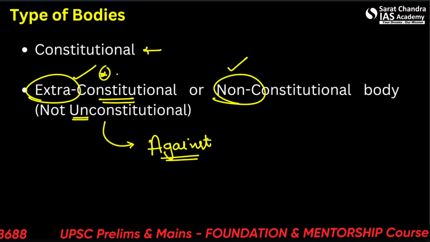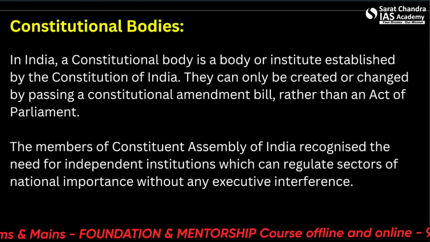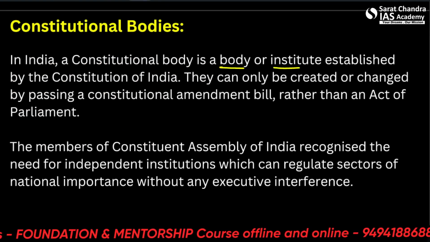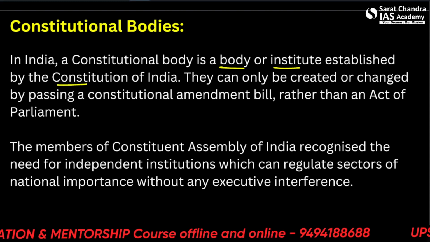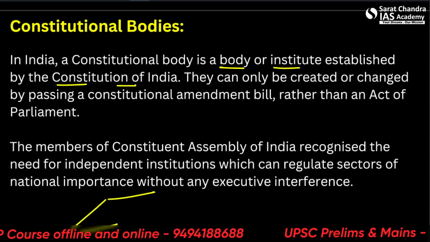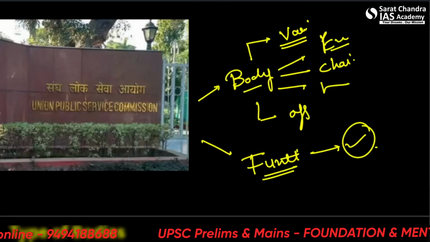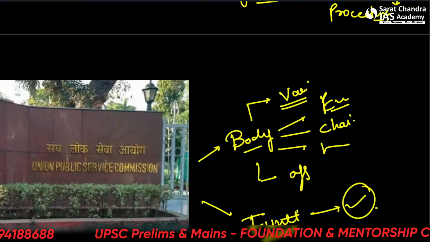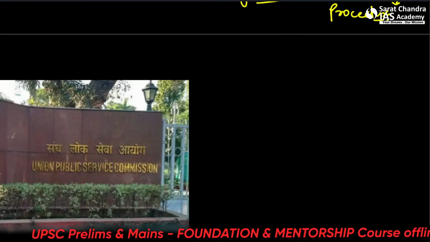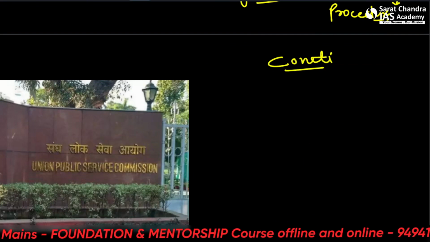Let us now come to the constitutional bodies. In India, a constitutional body is a body or institution established by the Constitution of India. That means it finds mention in the Constitution of India. Now it is not important which constitution we are talking about. I hope you remember in the last lecture we discussed that the constitution is very dynamic.